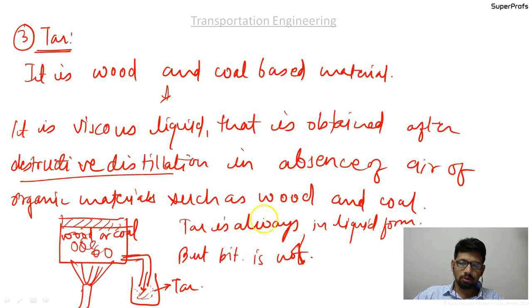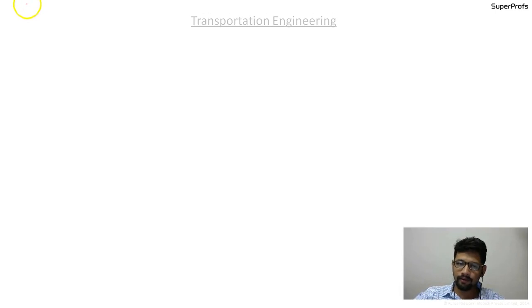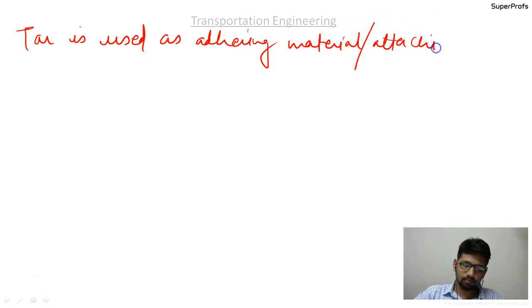Okay, so this is the reason why tar is used as a bonding material, or as an attaching material. Please write down that tar is used as a bonding material or the attaching material for roads.